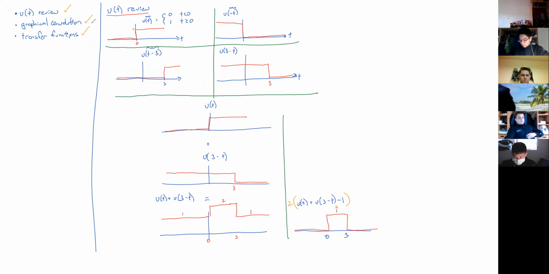Last one, transfer functions. This is really the meat and potatoes of what signals and systems is.